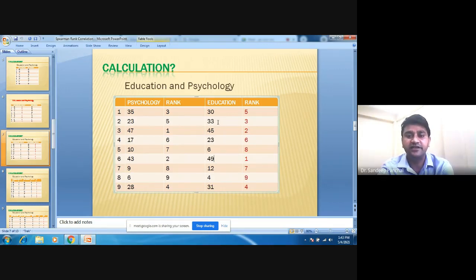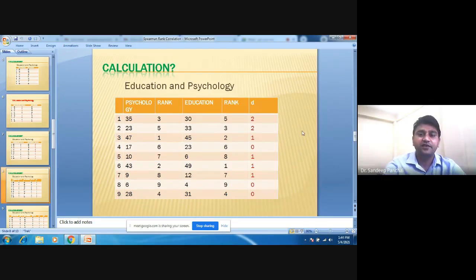Then 33 will be third, 31 fourth, 30 fifth, 23 sixth, and 12 seventh, continuing up to the 9th rank, because we have 9 ranks for psychology and 9 for the education subject. So this will be the second step.